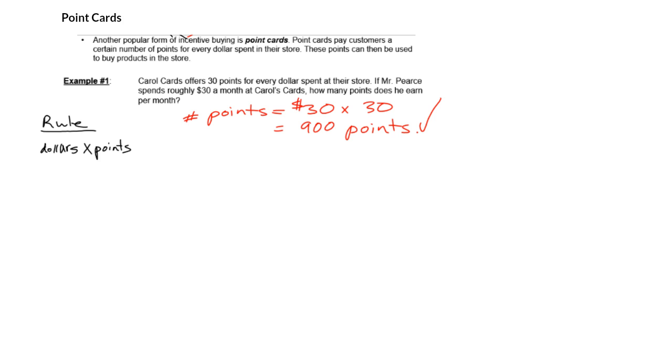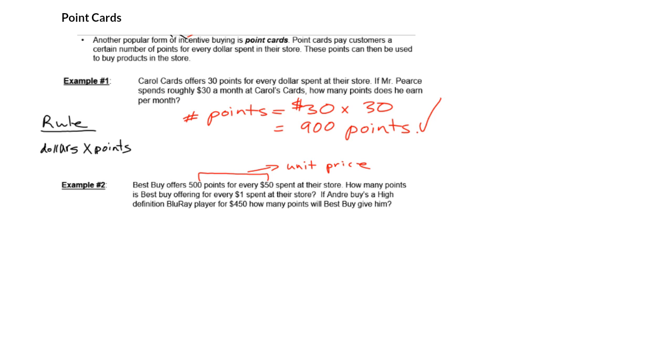So here's example 2. Imagine that Best Buy offers 500 points for every $50 spent at the store. This kind of tells us what our unit price is, right? The rules are simple. Here's what you need to do in order to figure out the overall number of points that we get for the spending that we have. The first thing that we have to do is figure out the points per dollar.